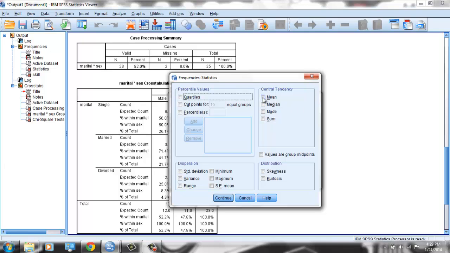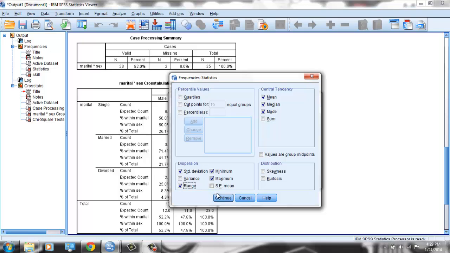Wants the mean, the median, the mode. Can do all that. Wants a standard deviation. Does it have that? Sure does. Minimum and maximum. Oh boy, we might be able to find it all here. And the range. Ta-da. It's all there. So, we don't have to go anywhere else. I thought we might have to.